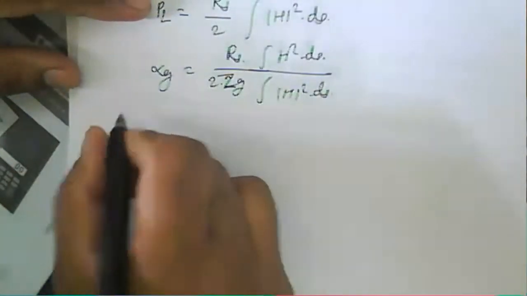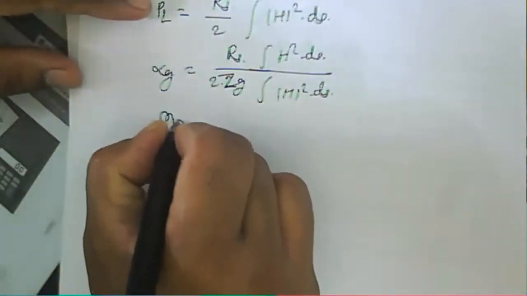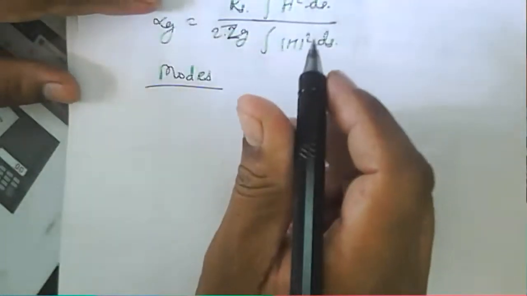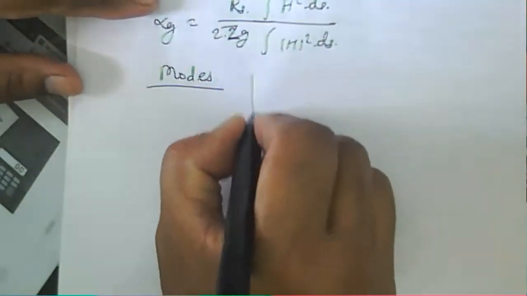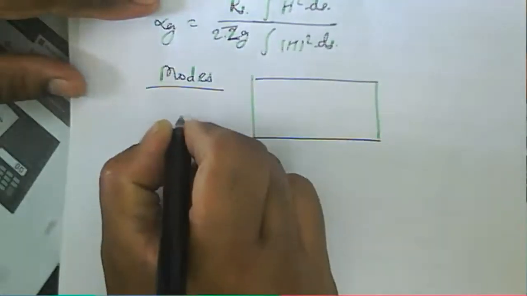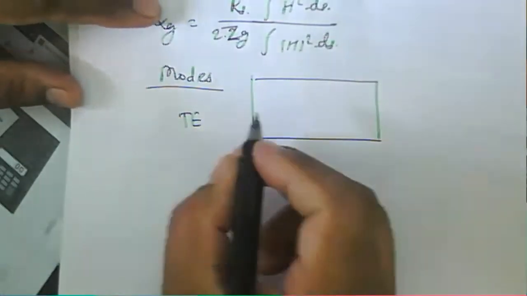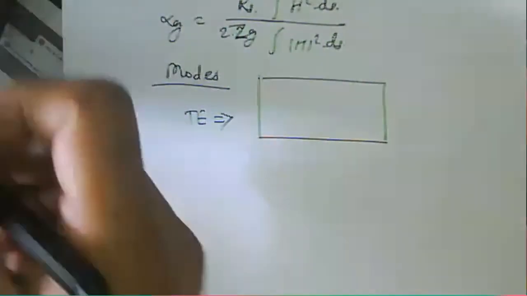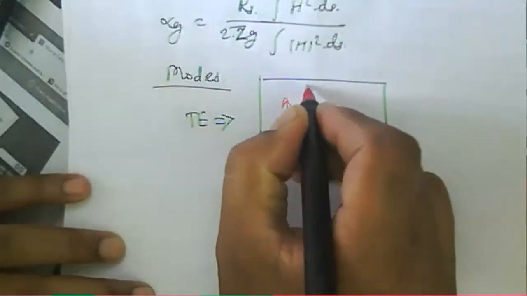Now, already we have seen the various modes in a guide. To obtain the modes in a guide, just remember that for a TE mode, your excitation becomes this one.